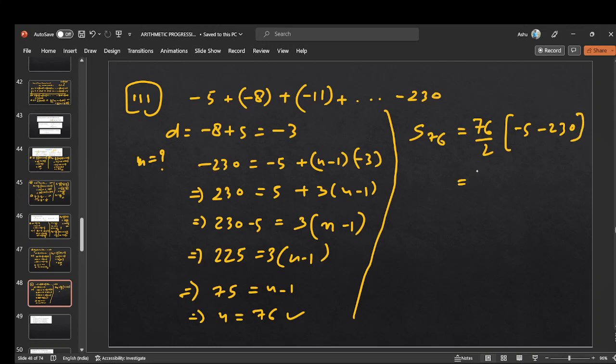This is 76 by 2. What will be the answer? Clear? 2 threes are 6, 2 threes are 6, 38.